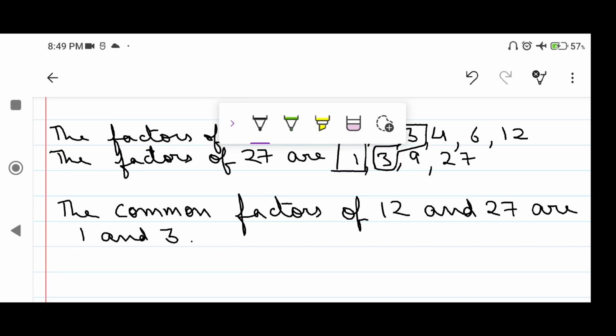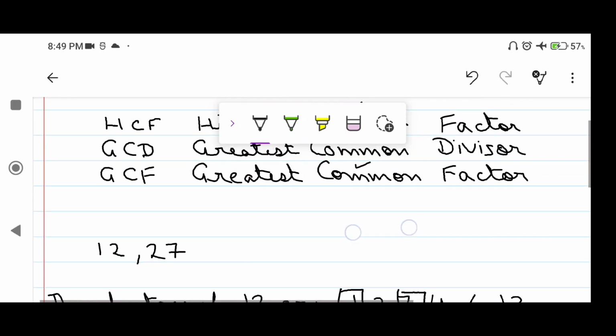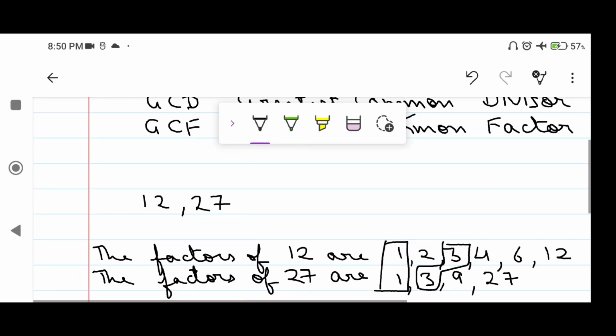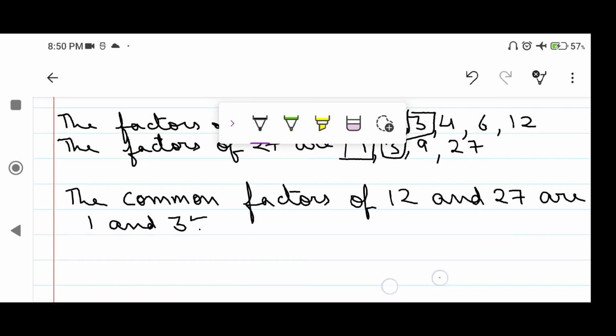And out of these two factors, we can see the greater number is 3. 3 is greater than 1. And since we know that we have to find the highest common factor, when we have to find the highest common factor, we will take the greater number or the highest number.